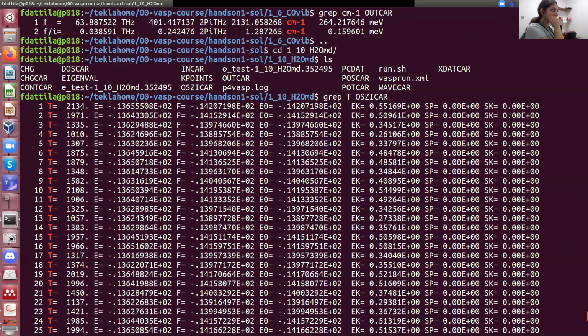As I said the other time, with this formalism in the ab initio molecular dynamics for VASP, we set the temperature, and with the temperature we push the molecules to move. But if the molecules are pushed too much, then the temperature also rises. So at one point there is a parameter that you use as feedback. If your molecules are going too fast, so the temperature will be much higher than the 2000 Kelvin that we set, then you cool down the system. And that's the reason why you see that much oscillation.